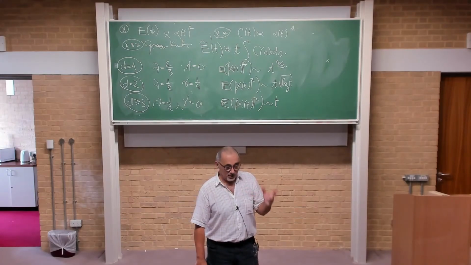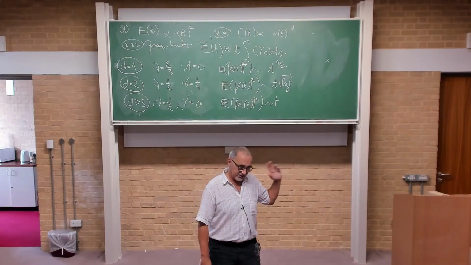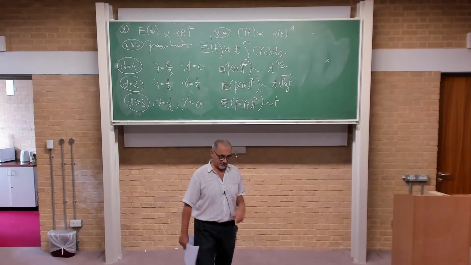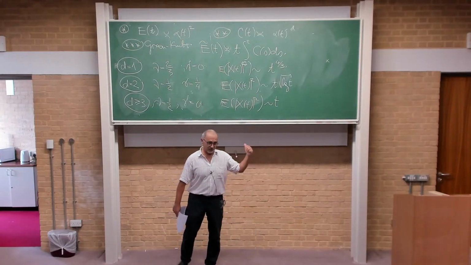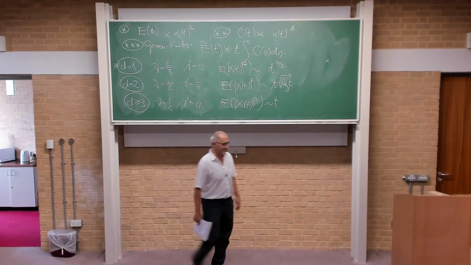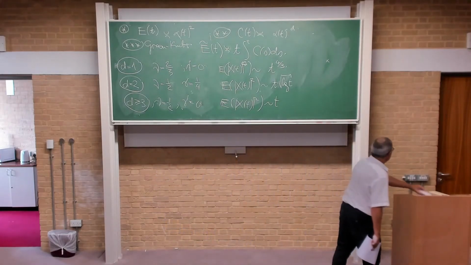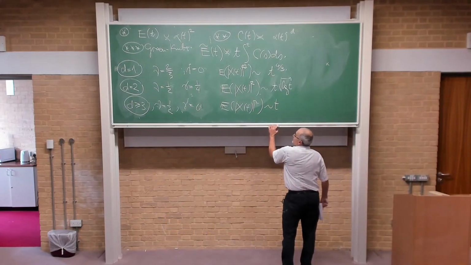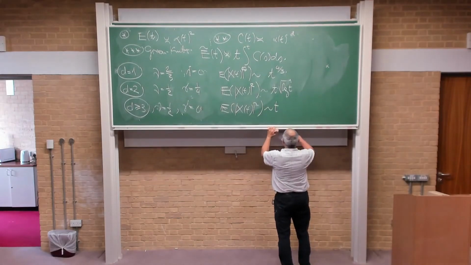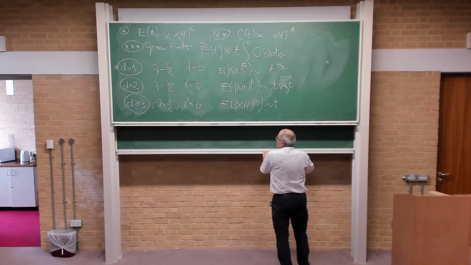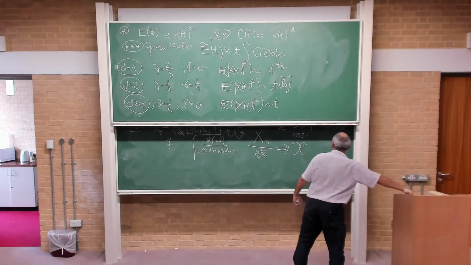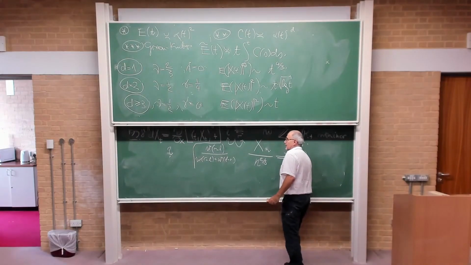But what we construct can be interpreted in a particular way as a random solution of this partial differential equation. Good. So one dimension is nice and understood. Let's go to higher dimension.